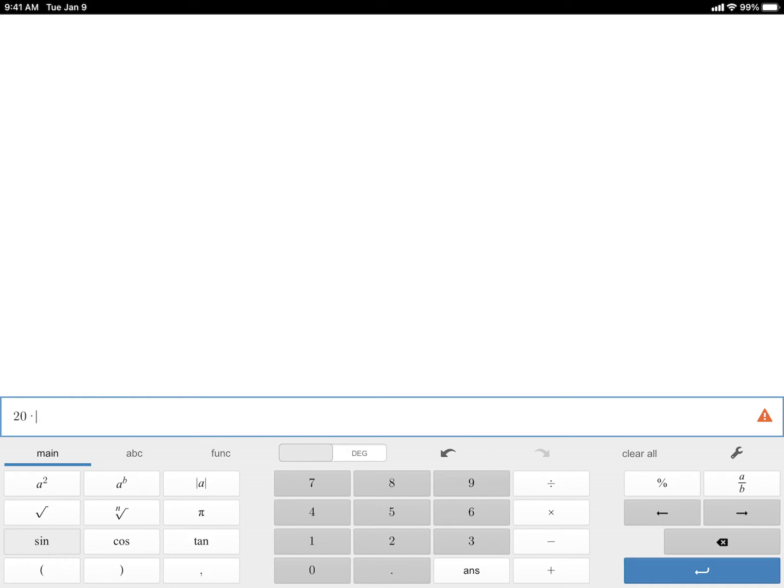I would use those, and the reason why is because it automatically puts up the parentheses. I know that sounds weird, but it's very, very important. I'm a very big stickler when it comes to using parentheses for these things. So I type sine, and then I type in my degree, which is 67. And my answer pops up on the right-hand side. So 20 times sine of 67 is 18.41.